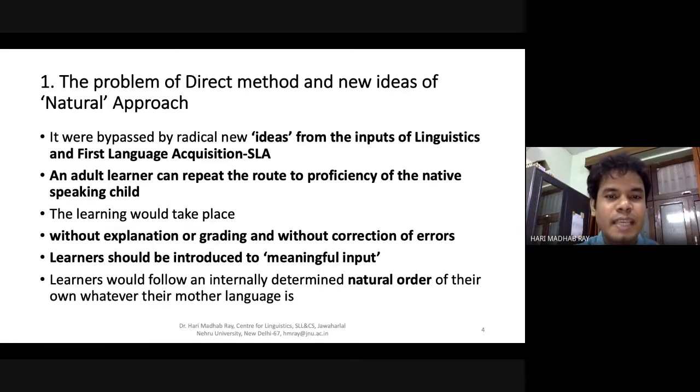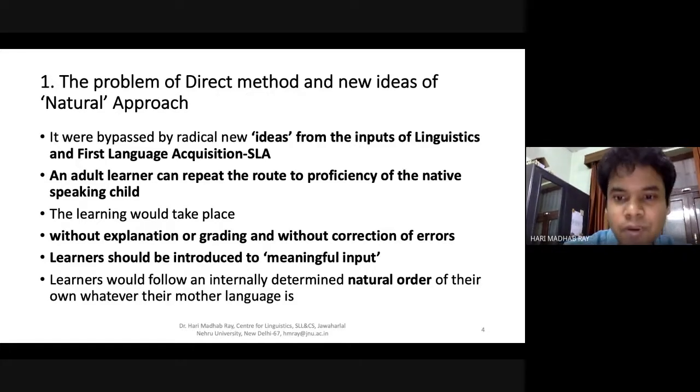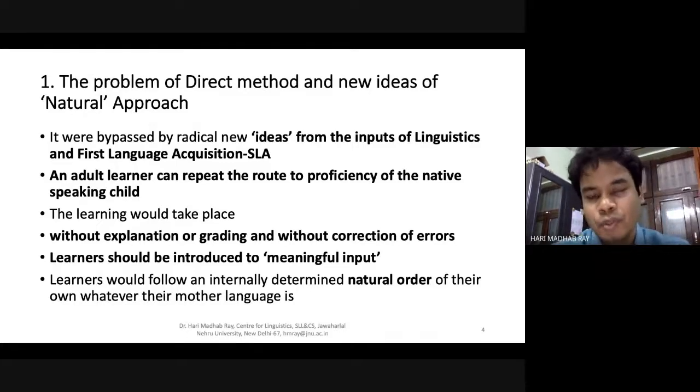Just briefly, I'm saying that these are taken from first language research and second language research, and the practitioners who were teaching a second language, in this case English, gained a lot from this.